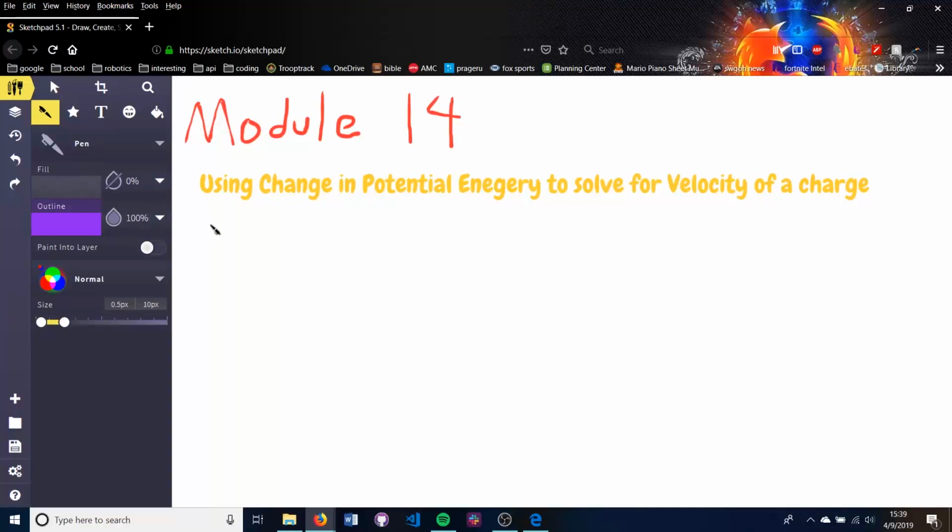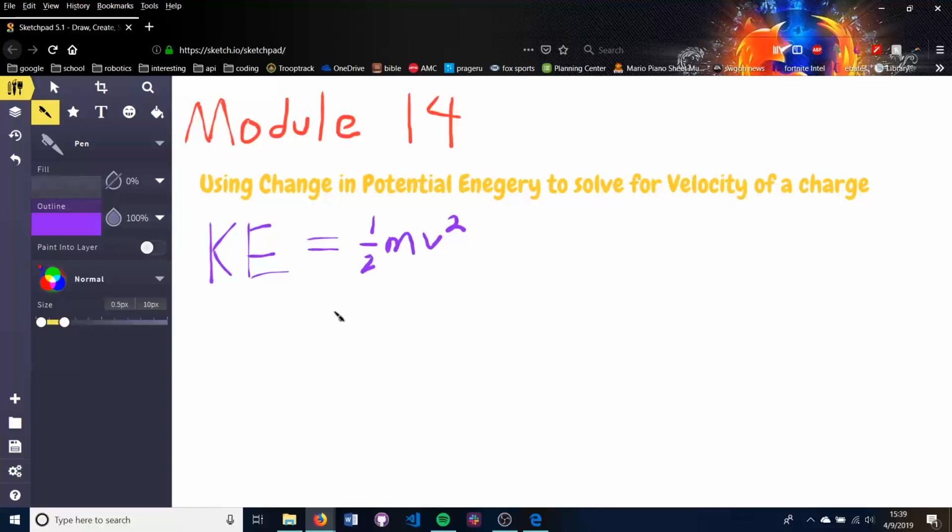We start with our base KE equation. So it's KE is equal to 1/2 mv squared, like so.